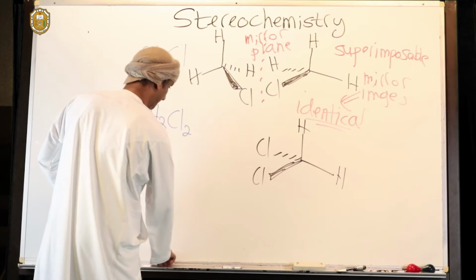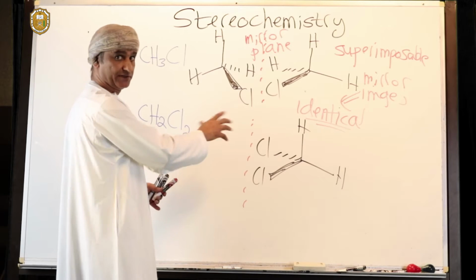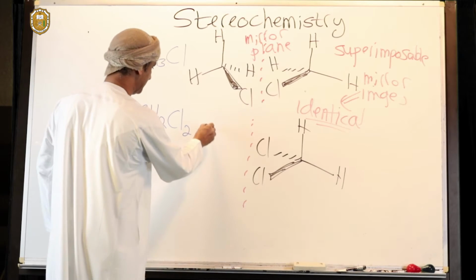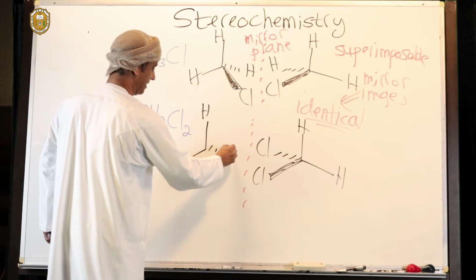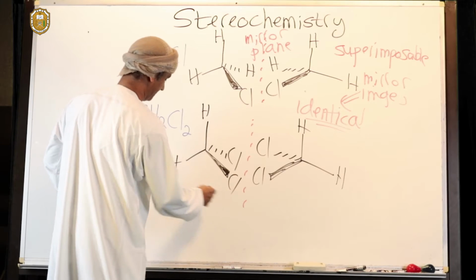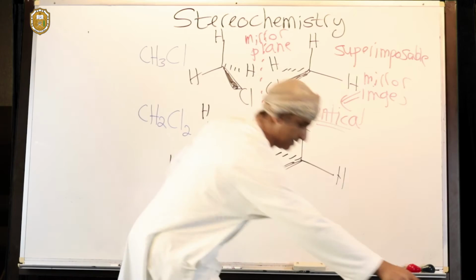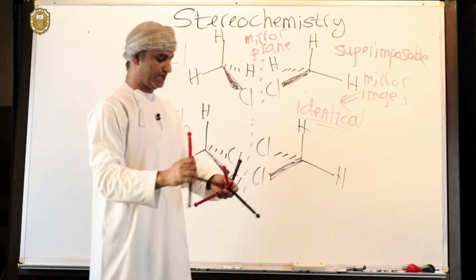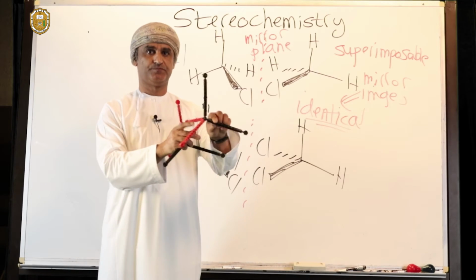Again, if we draw a mirror plane here so that we get the mirror image of this, then we would be able to get another drawing, the mirror image of the drawing that we have just drawn. We can represent this using models. So something like that. This is, for example, the left structure.